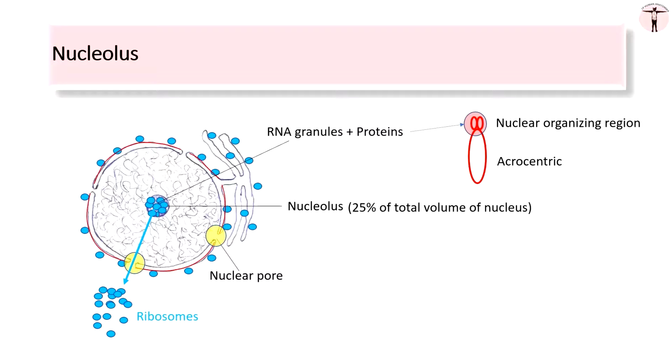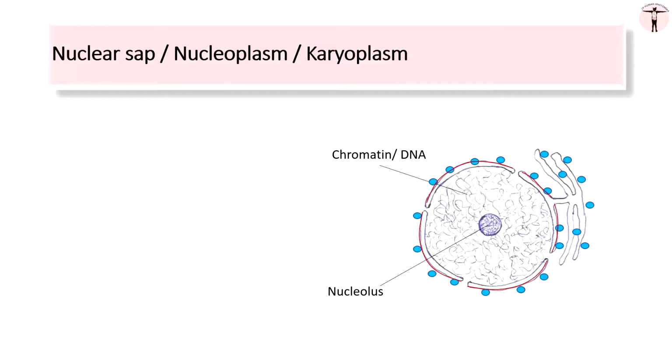The nucleolus disappears during the prophase and reappears during telophase of cell division. The main function of the nucleolus is to make ribosomal subunits from proteins and ribosomal RNA, also known as rRNA. The nuclear sap is also called nucleoplasm or karyoplasm.